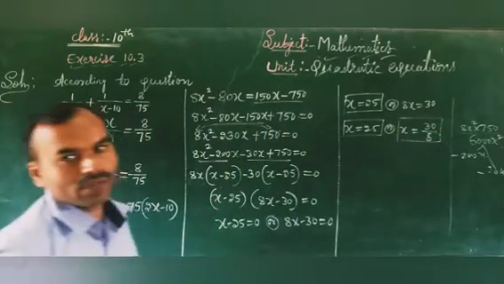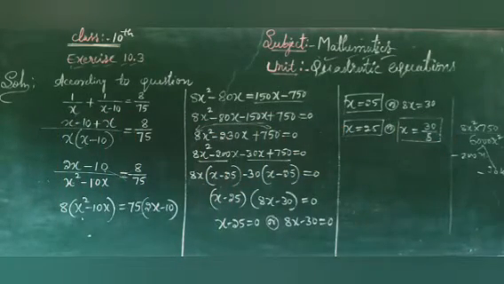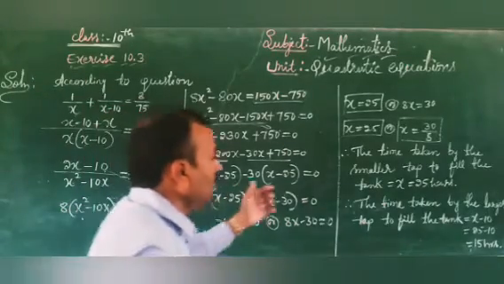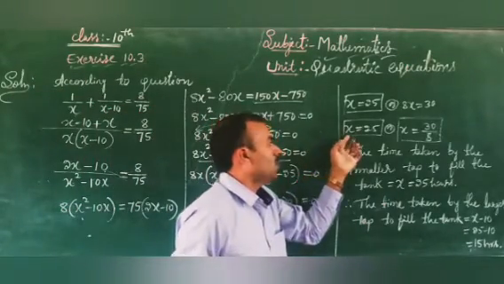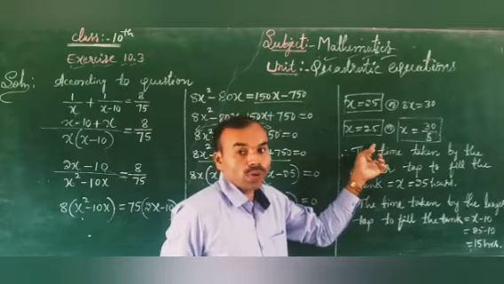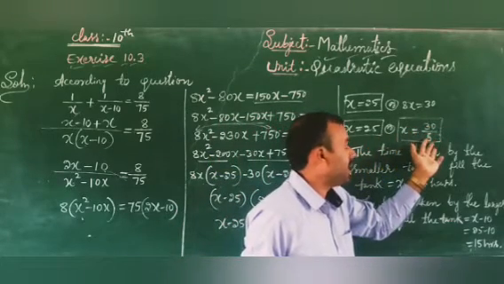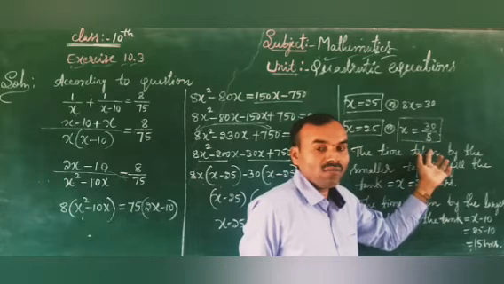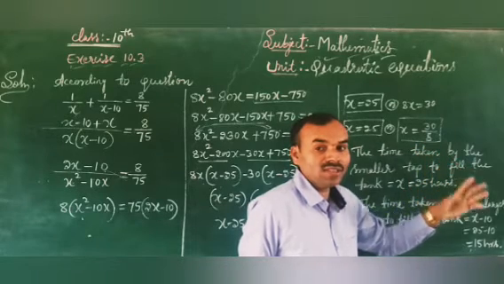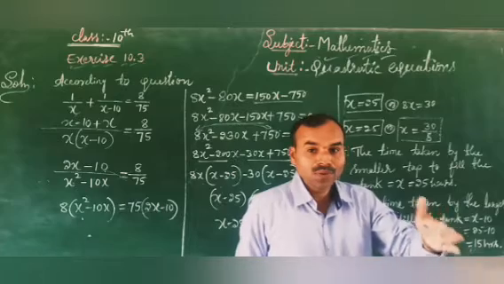Therefore we consider only x equals 25. If we consider x equals 30 by 8, the time taken by the larger tap will be negative.